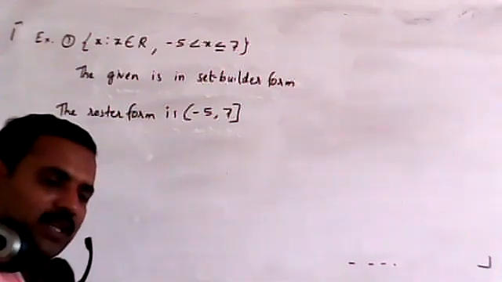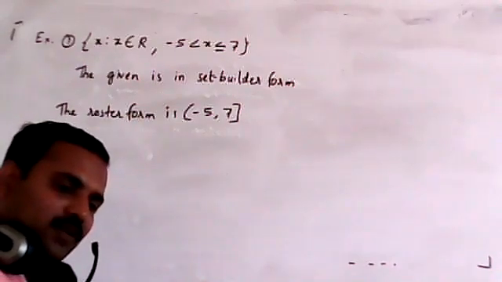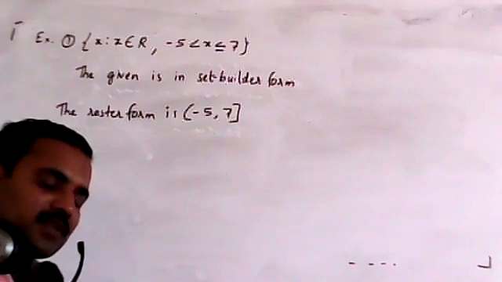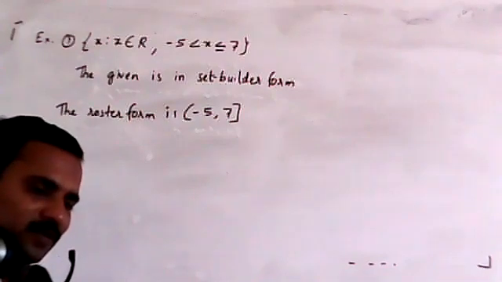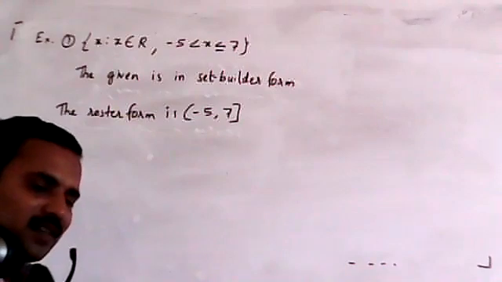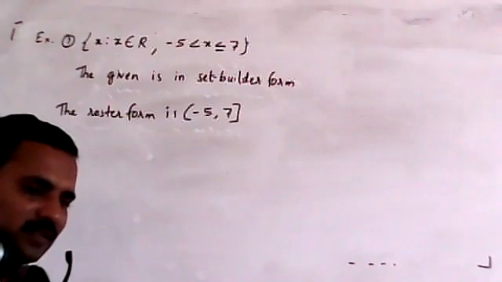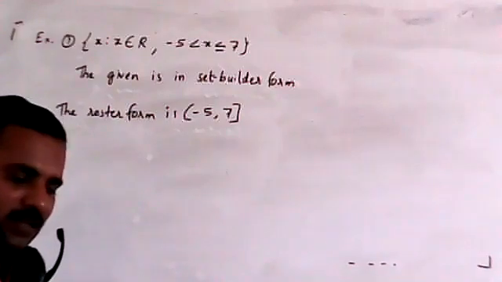We can write set builder form into roster form. That roster form we can represent with intervals. Whatever open bracket, closed bracket, open-closed, closed-open, all these are called intervals. Right? Understanding?